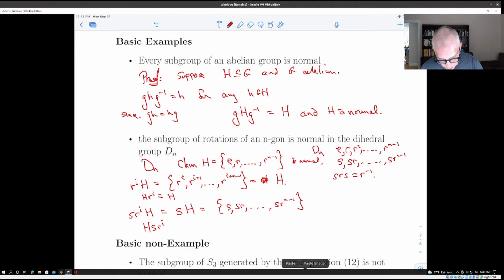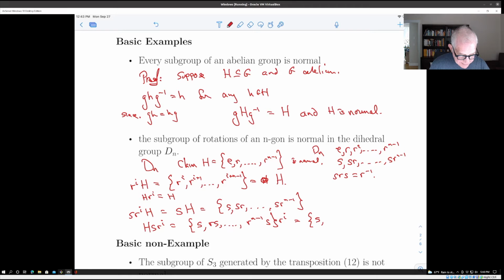On the one hand, it's going to be S, RS, up to R to the n minus 1 S, times R to the I. And now we can use this property to move our S's all the way past all the R's. So we would have S, SR inverse, up to SR to the 1 minus n, times R to the I. This is just SH again.